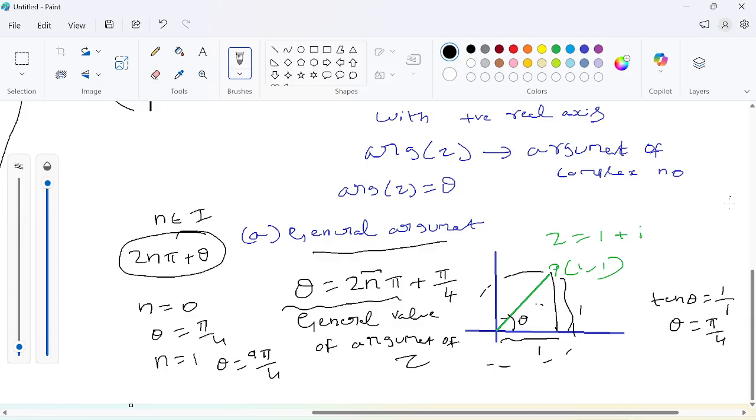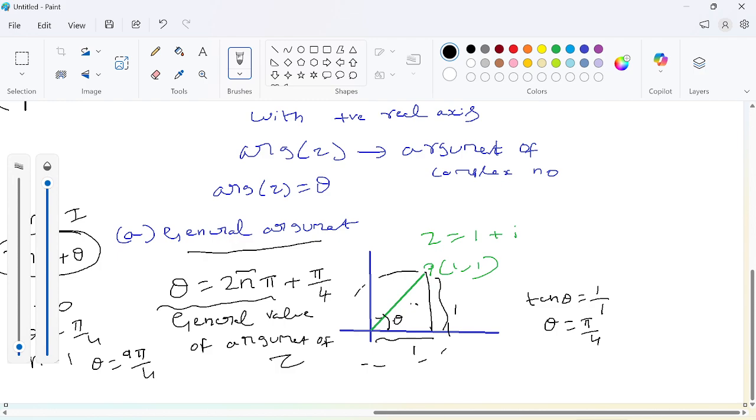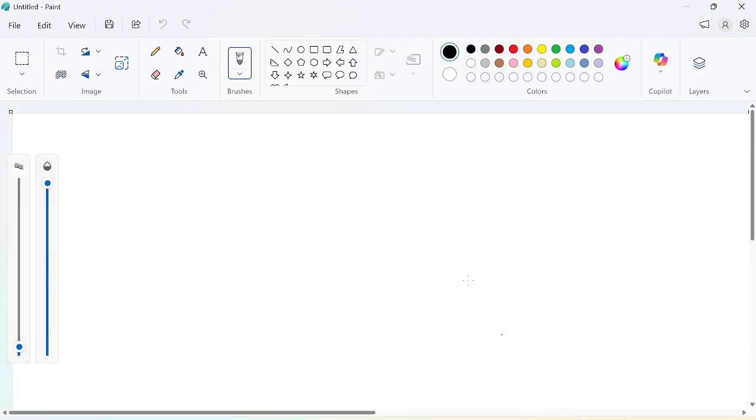What is the next one? The next one is the principal value of argument. First is the general argument, and then the principal value of argument. Generally in exam questions, if they specify just argument, you have to go with the principal value of argument.